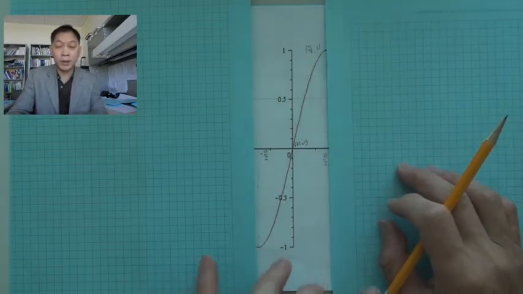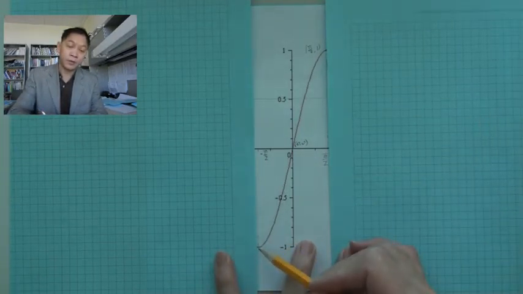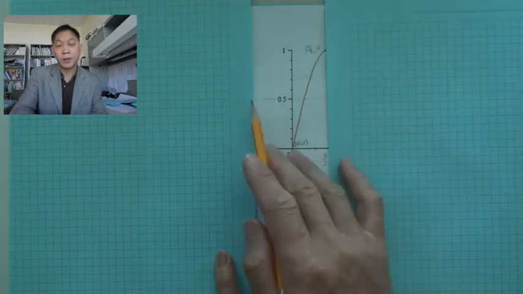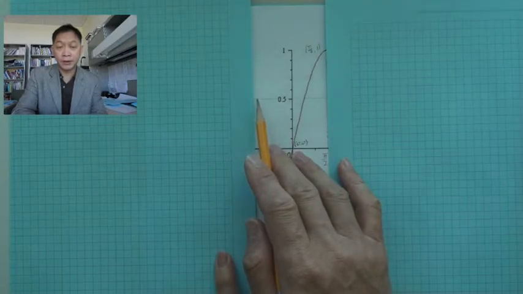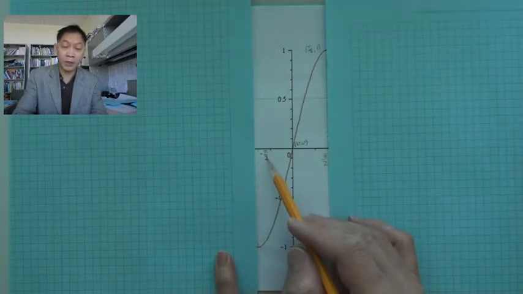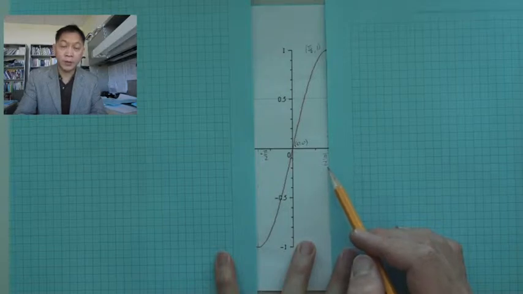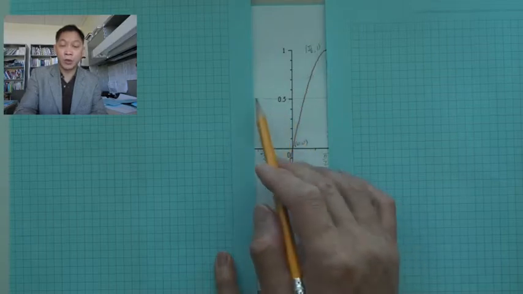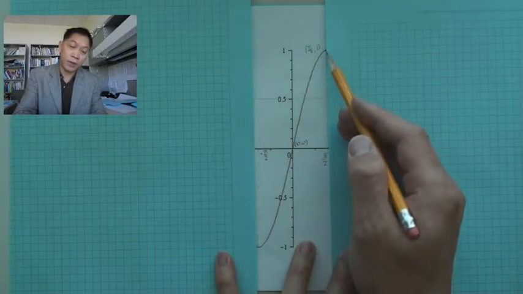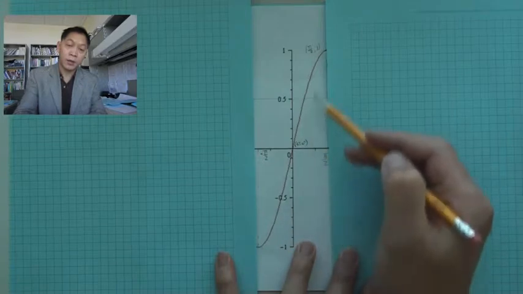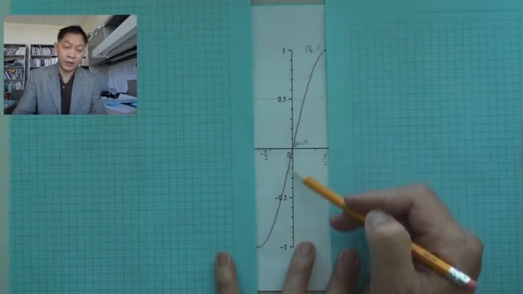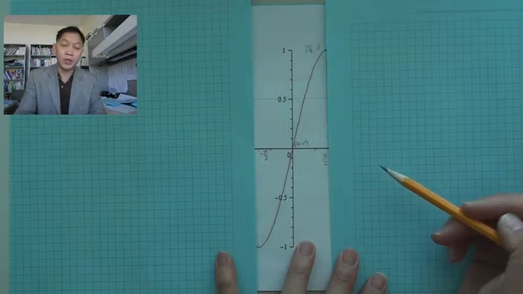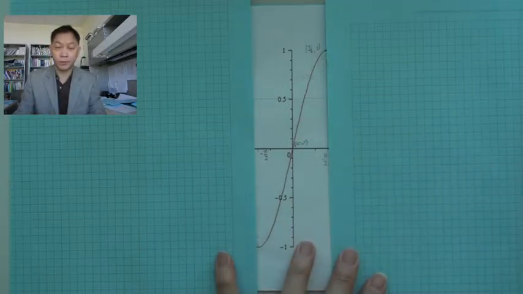From negative pi over 2 to the positive pi over 2, that's half a period, because that's pi. And then when you draw a horizontal line, you can only have one intersection with the graph of y equals sine x. So then the function will be a one-to-one function.